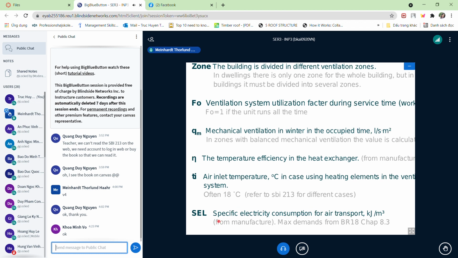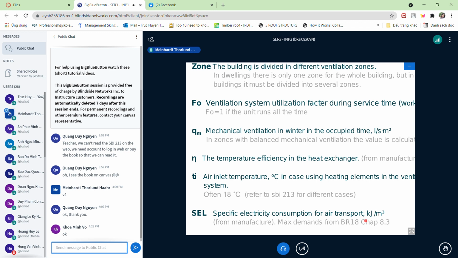So basically, the SEL factor is a Danish one. I think in English it would be SFP, specific fan power. Where's the SFP? Yeah, I don't remember. Anyway, you could call it a key number for energy usage of the ventilation system.